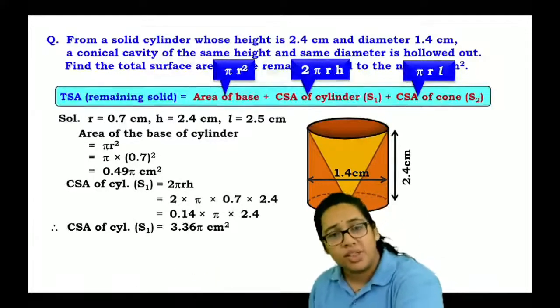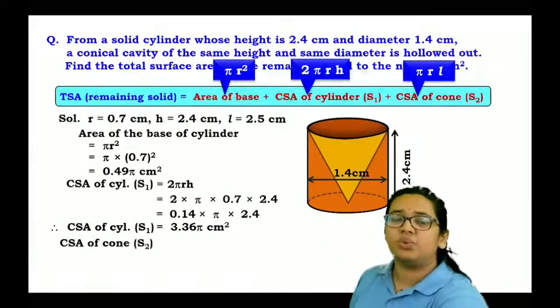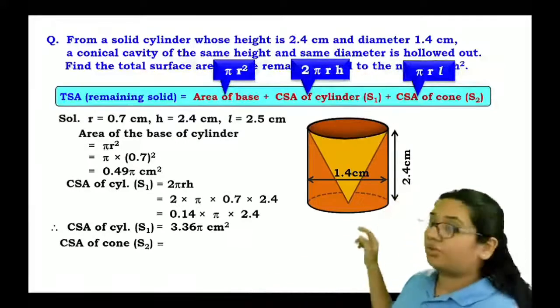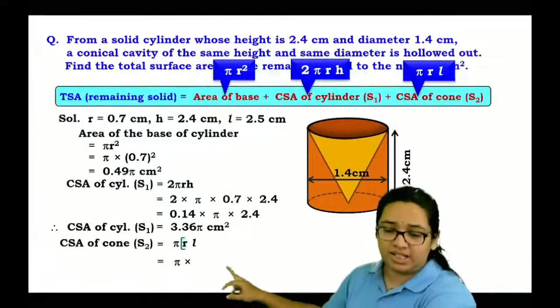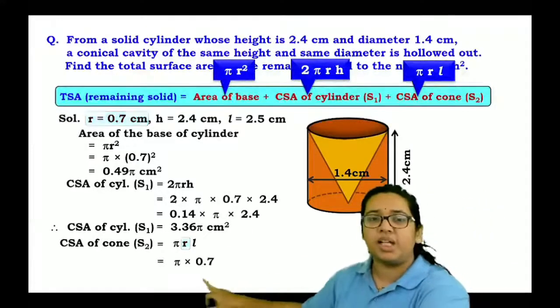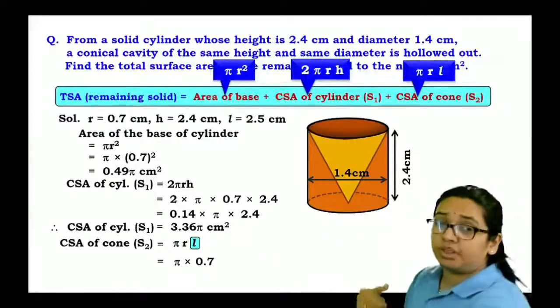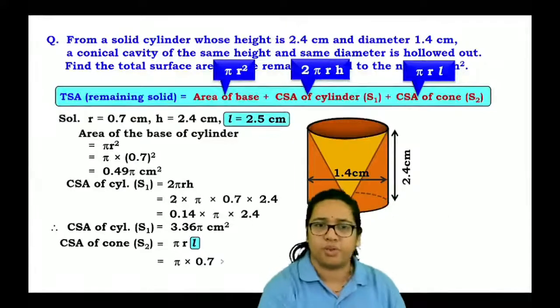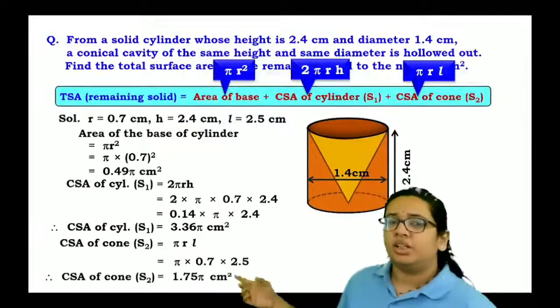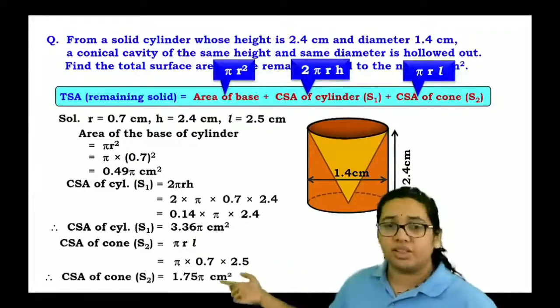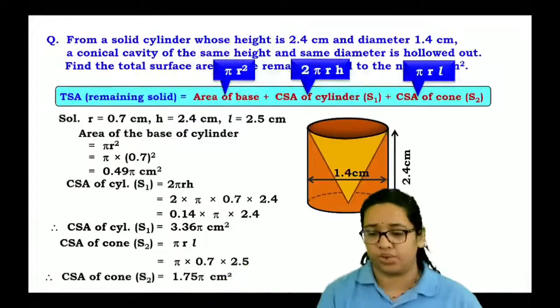And curved surface area for the cone will be pi r l, which is pi into 0.7 into l, which is 2.5 that you found earlier. That is 1.75 pi square centimeter.